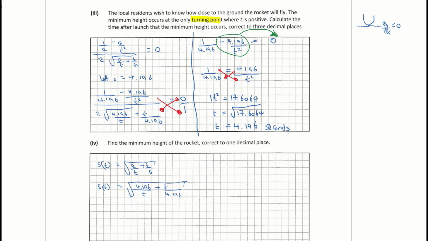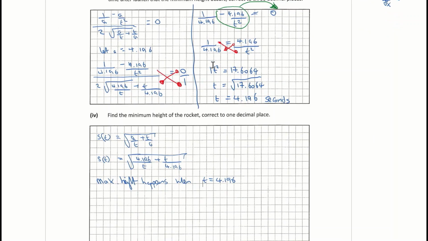And when does the maximum height happen? Well, we've got that just in part 3 because that's our turning point. So the maximum height happens when t is equal to 4.196. It's this figure here that we just found up above. So I'm basically just going to sub that in now for the value of my t. So that is giving me s of t is equal to the square root of 4.196 over t plus t over 4.196.